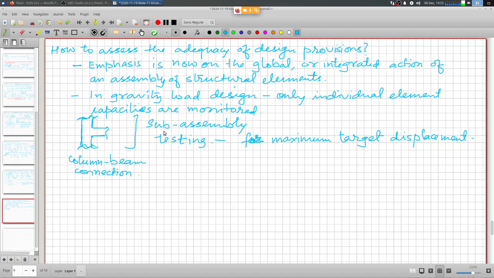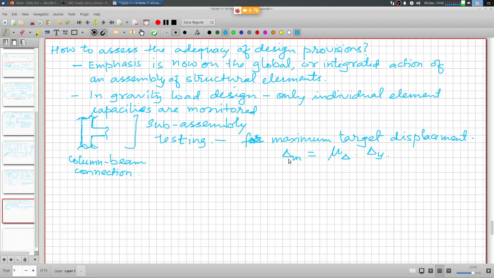So what is done is, for the maximum target displacement, delta M is equal to the target ductility multiplied by the yield displacement, which is determined from the elastic limit that we have.